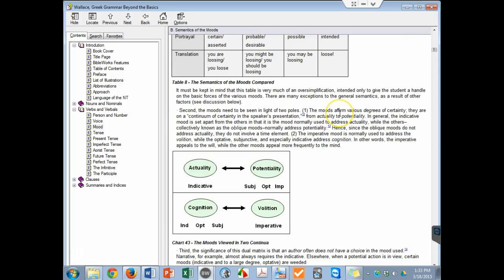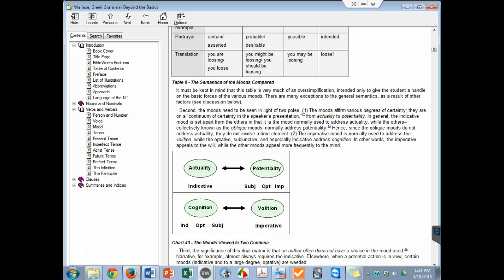I was interested in Wallace's comparison of the semantics of mood, actuality versus potentiality, and cognition versus volition. I've always felt like the assignment of the imperative mood to potentiality didn't make sense to me.